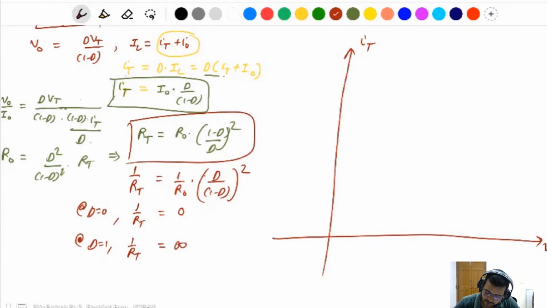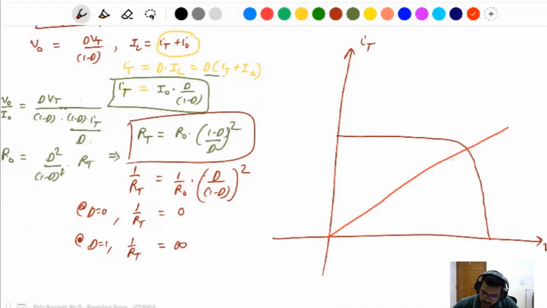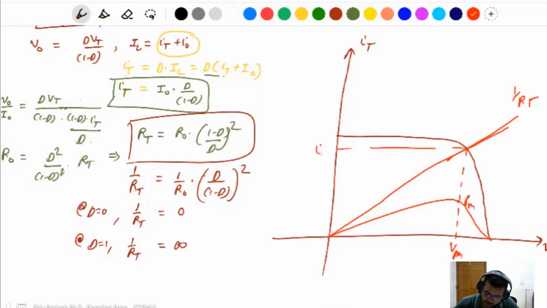Same thing, draw the characteristic of the solar system. This is the load line for the maximum power, 1 by RT, Vm, this is the maximum power, this one is the max Im. The load line at D is equal to 0 will be 0, it means open circuit.